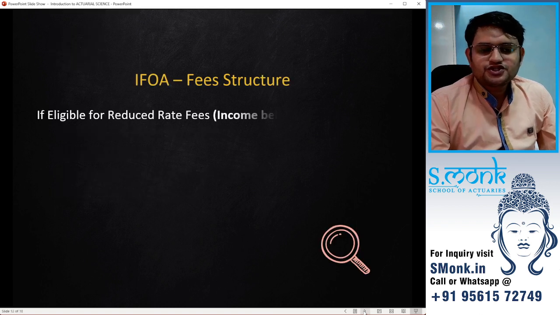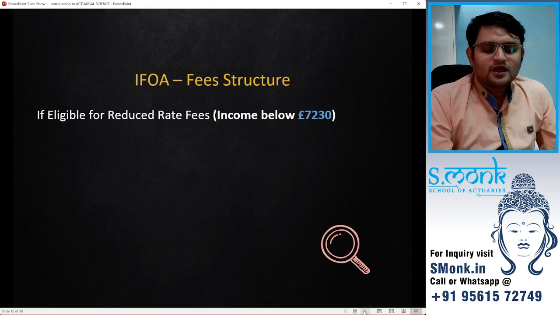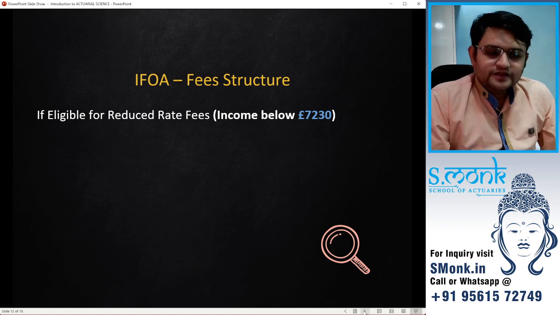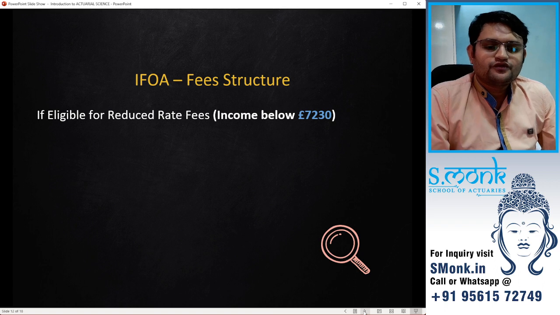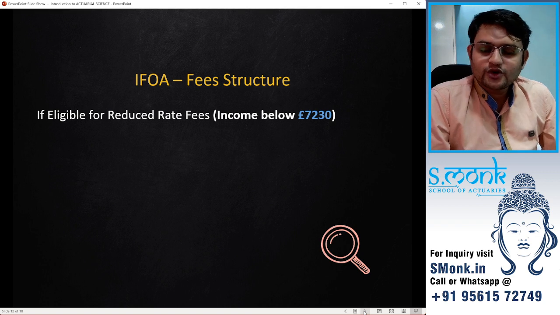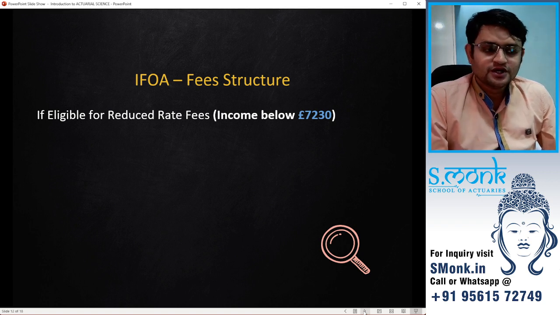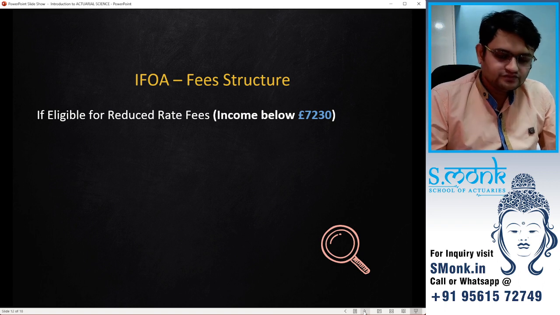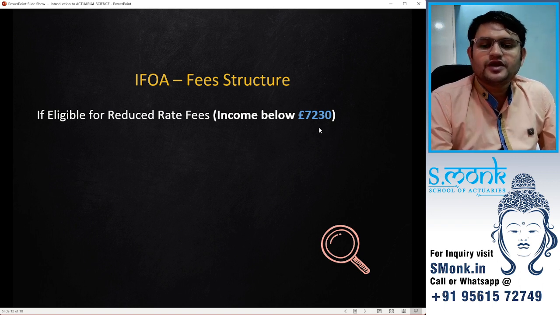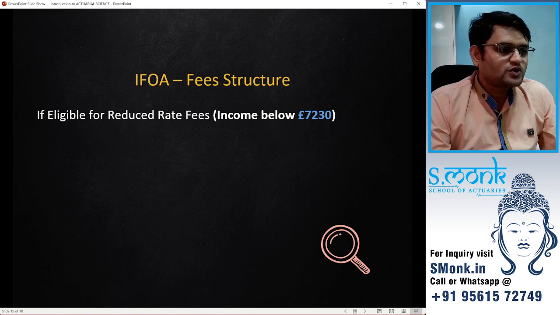The fee structure. Now, there are 2 types of fees when it comes to IFOA Institute. Okay, one is called as reduced rate fees. The other is full fees. So I'm only talking about reduced rate fees here because everybody most likely come into this category where your personal income is less than 7,230 pounds.